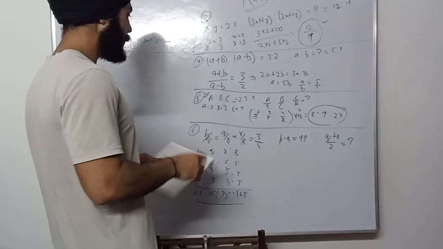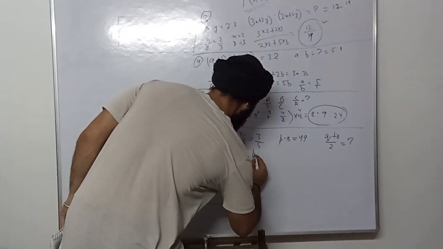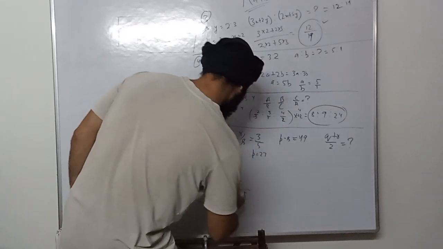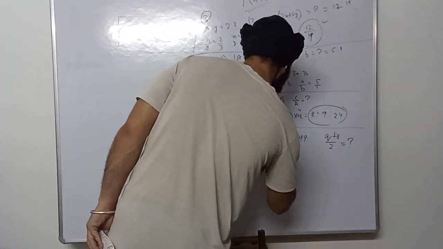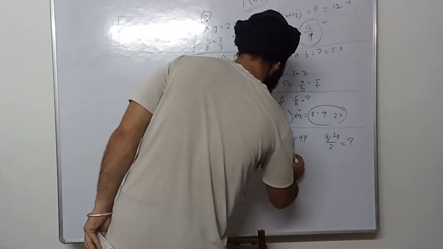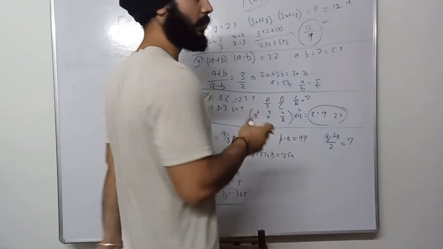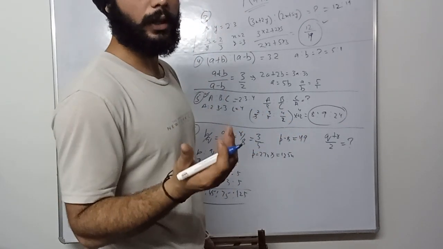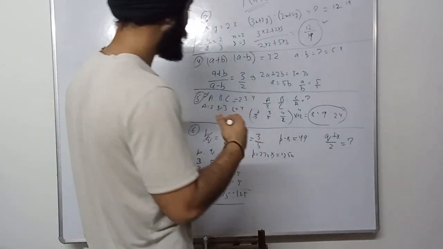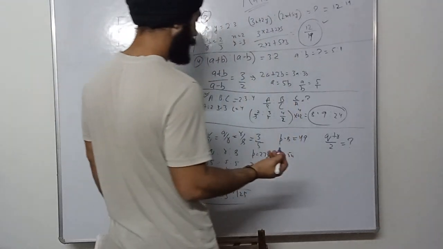Now we have value of P minus S. So what's the value of P? P is equals to 27 and S is equals to 125. Let's suppose it's x. 27x, because they're in ratio, we cannot say its value is exact 27. So P is equal to 27x and S is equals to 125x.